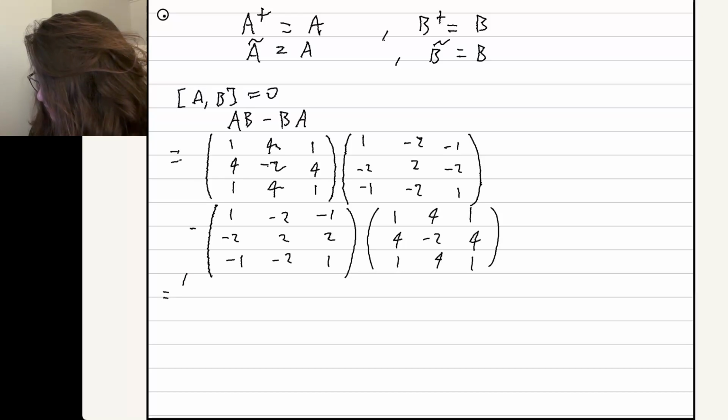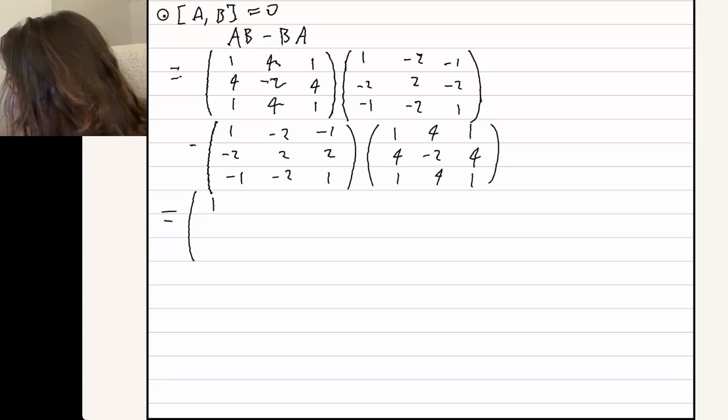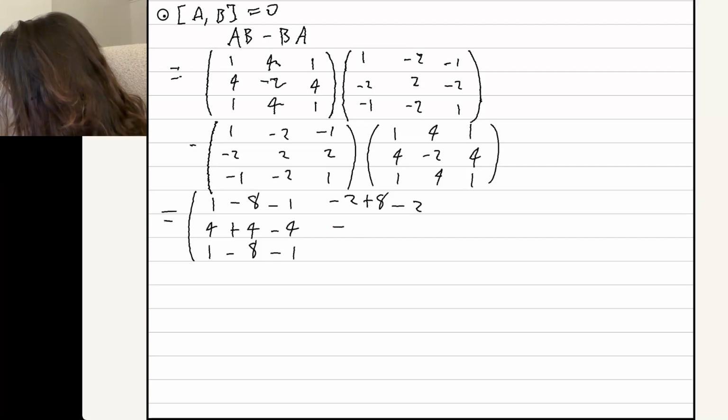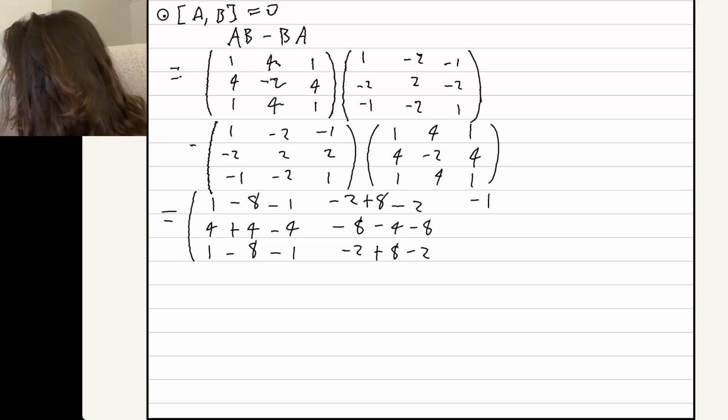But multiplying these matrices together, we have 1 minus 8 minus 1, and then 4 plus 4 minus 4, and then 1 minus 8 minus 1, and then minus 2 plus 8 minus 2, and then minus 8 minus 4 minus 8, and then minus 2 plus 8 minus 2, and then over here minus 1 minus 8 plus 1.